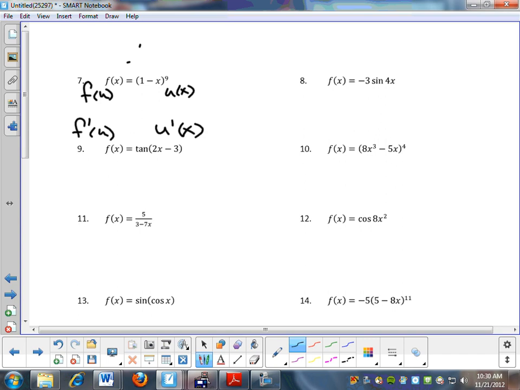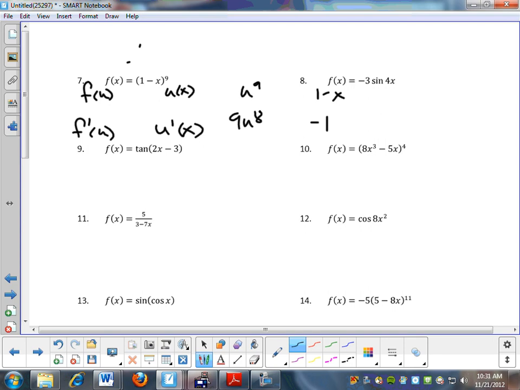He did that one time. The next time he didn't even write those. He just did 1 minus x, u to the 9th, 9u to the 8th, negative 1, and they multiply them together. It's the same idea. It's organizing your thoughts in a 4-tiered format. You got 5 minutes. Knock out some of these problems. Go.